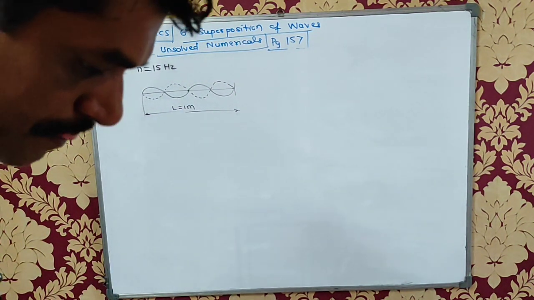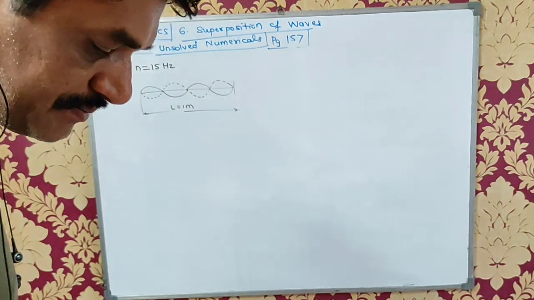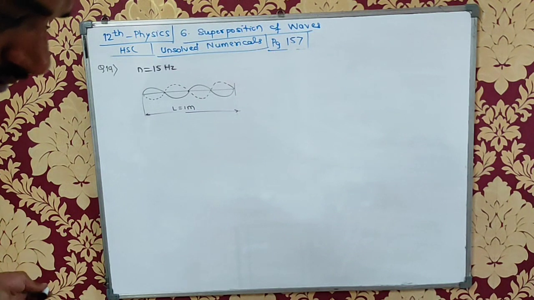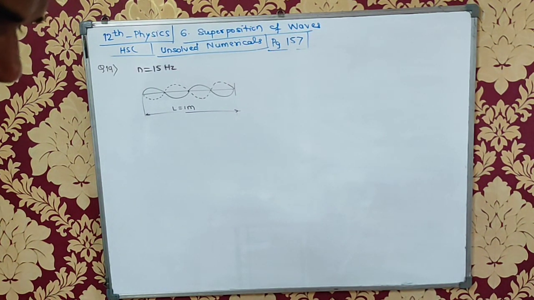ठीक है. So find the speed of the progressive wave which produces the stationary wave. उसने हिंट दिया है.